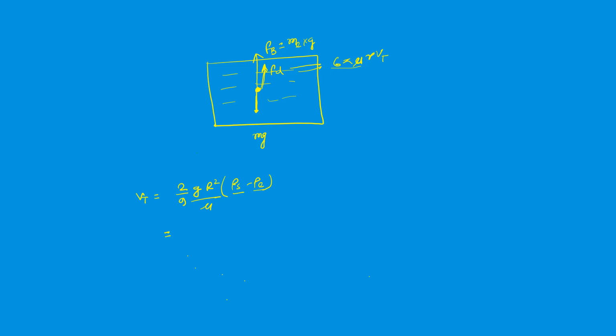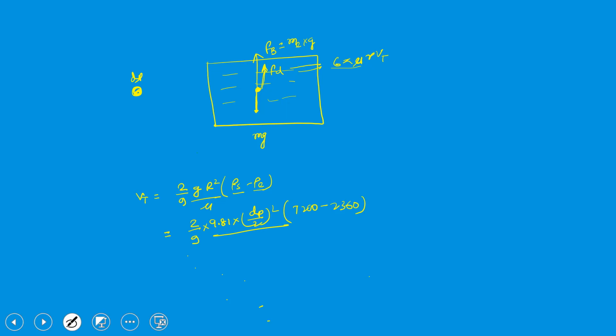So this is what we get. It will be 2 by 9, g is 9.81 into r which will be dp by 2 whole square, right? It is the diameter of this ball is dp, right? So here 7200 minus 2360 by mu, which is 1 into 10 power minus 3.